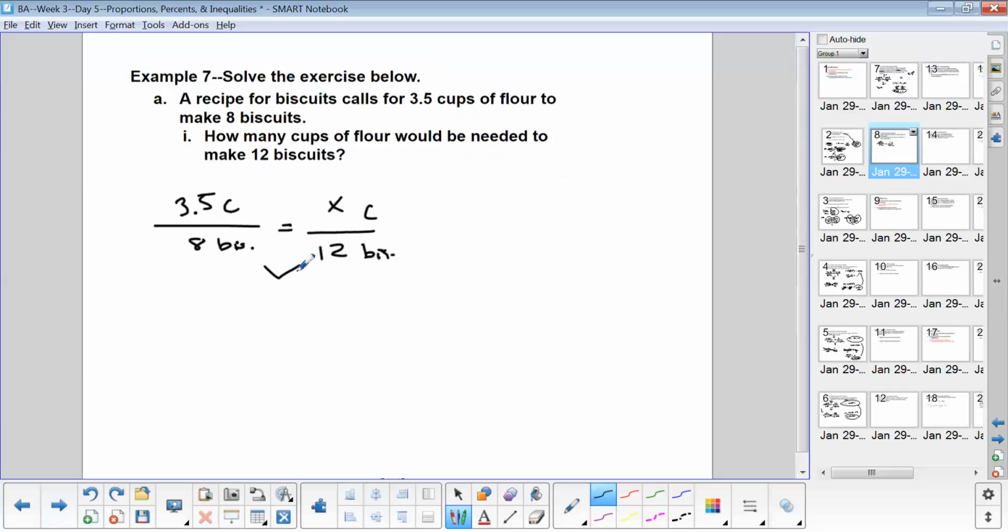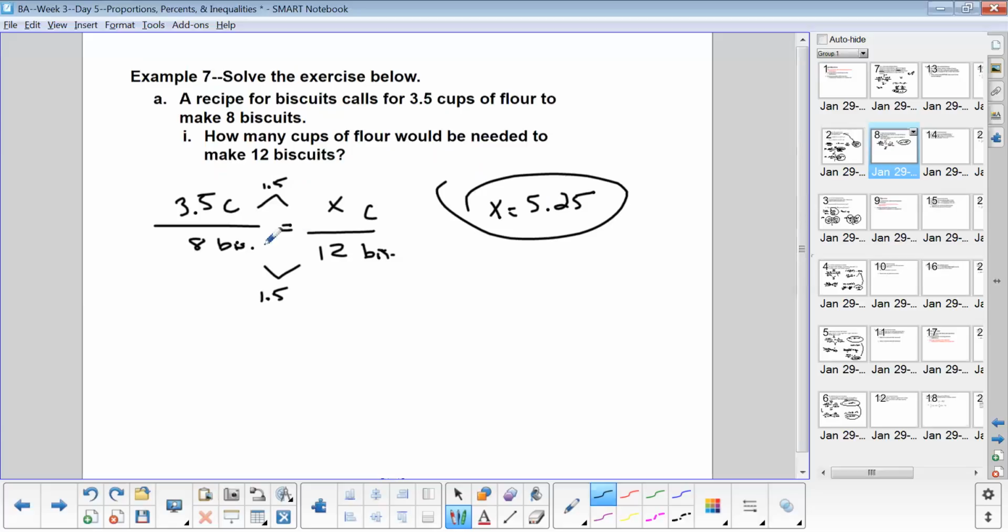And if I take 12 and divide it by 8, that will allow me to know what the multiplier would be, and it would be 1.5. So now I could just multiply 3.5 by 1.5, and I'm going to get x to equal 5 1/4. So about 5 1/4 cups.